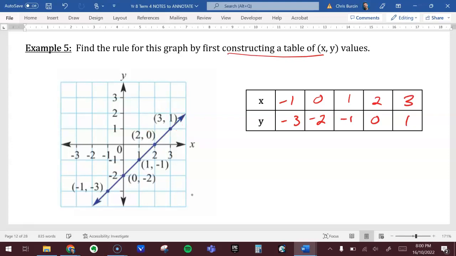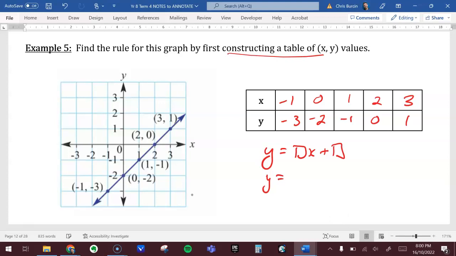And again, we're going to check and just make sure that these are each increasing by 1. And if they're all increasing by 1, then we can work towards our linear equation. And that will be the case. So now, we know that we want to find y equals the coefficient of x plus a constant.